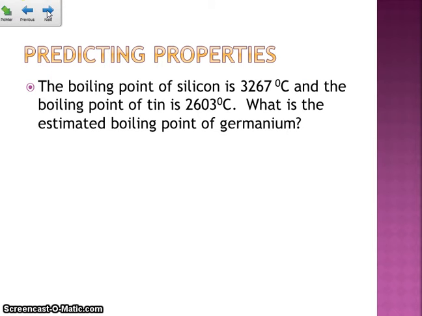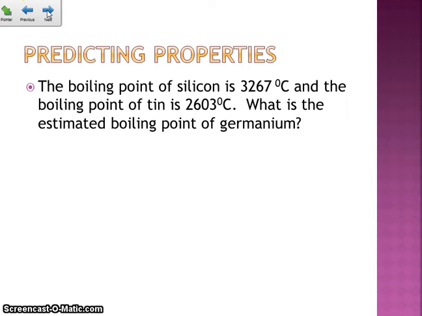So because we know these trends exist and that trends in density, boiling point, and other properties also exist, we can use this to our advantage to try to get around an idea of what a property would be. So I'm going to walk you through this example. Example says the boiling point of silicon is 3,267 degrees Celsius and the boiling point of tin is 2,603 degrees Celsius.